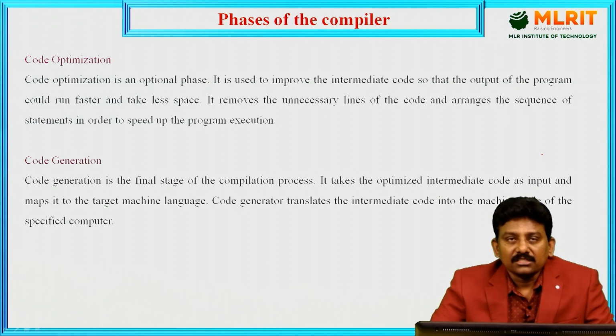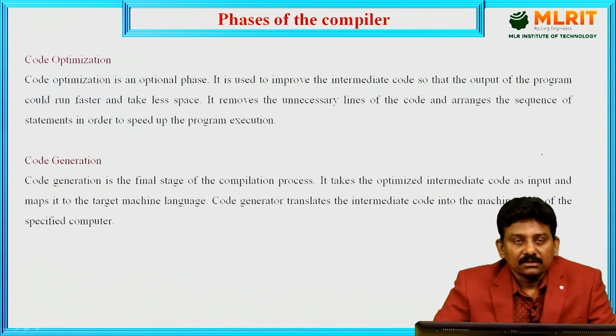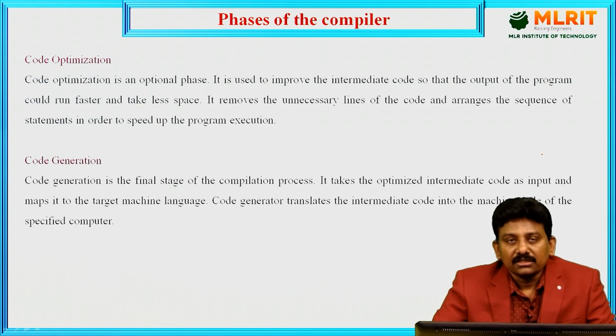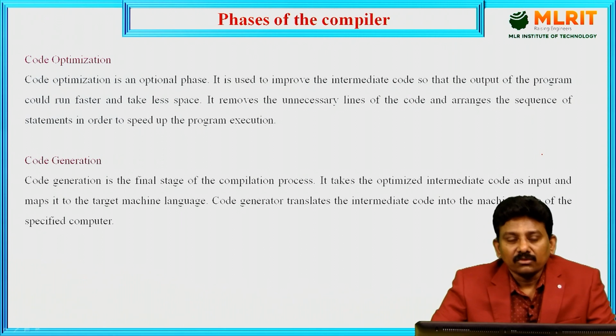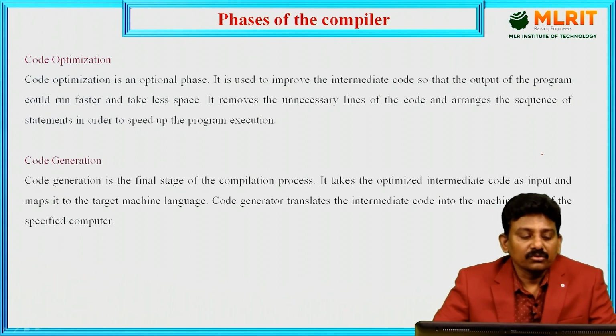Unnecessary statements are removed from the code to optimize the code, for example, dead code elimination. Dead code means, whenever we say the code is live, we can use that statement or initialization in subsequent basic blocks; otherwise the code is dead. So we can remove that dead code to improve the code.